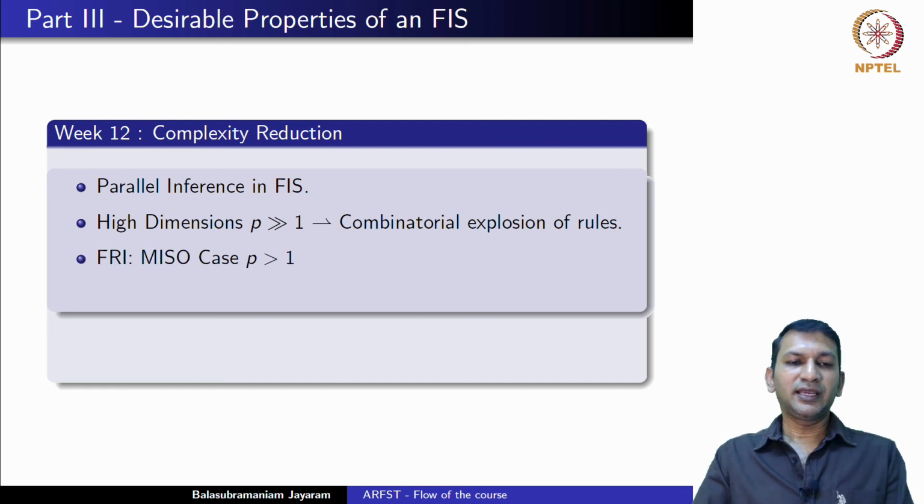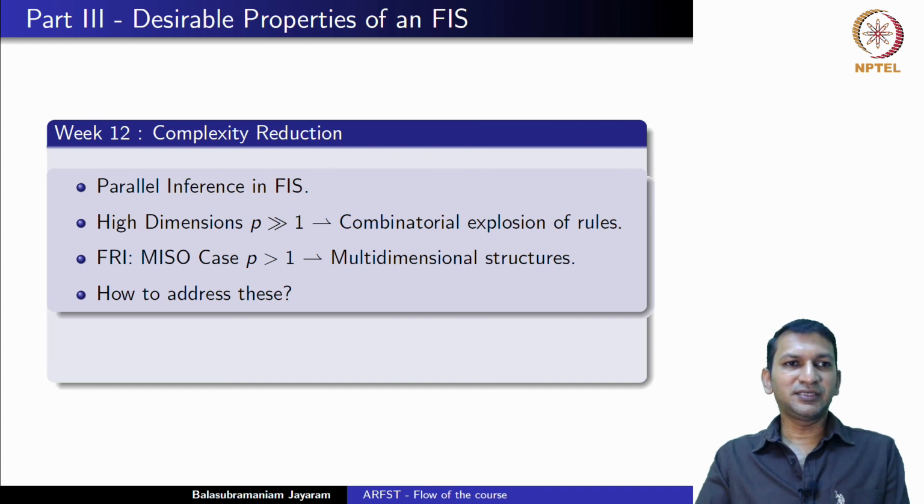However, in the case of fuzzy relational inference, when we consider a multi-input single output case, the P does not have to be very high. Even when the dimensionality is low, it leads to dealing with multi-dimensional structures, which once again have a bearing on the amount of memory that we use while implementing it and also the processing time.